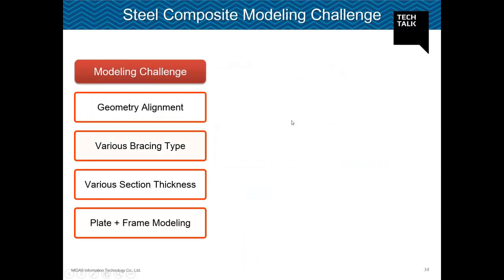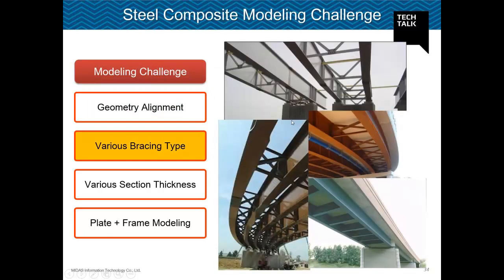What about bracings? There are so many different bracing types such as X type, V type with top and bottom chord and different positions such as following the skew or perpendicular.